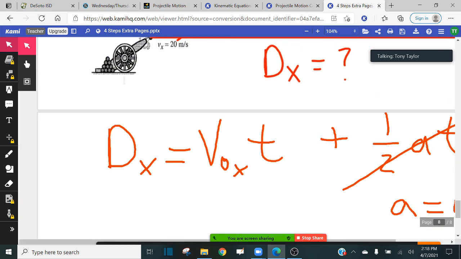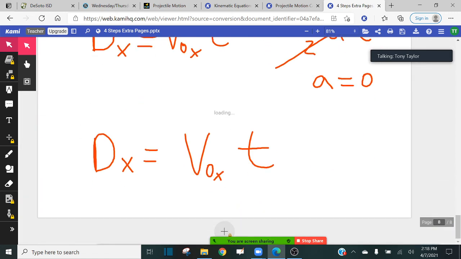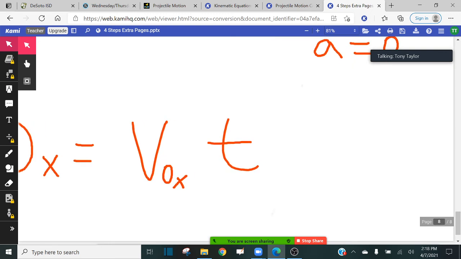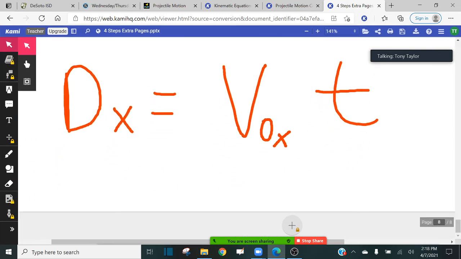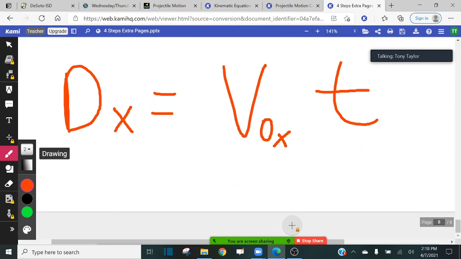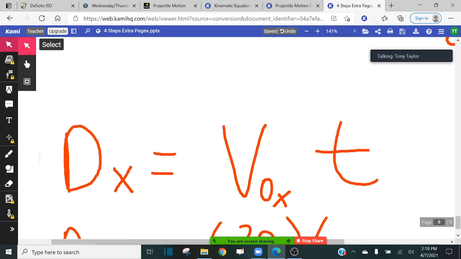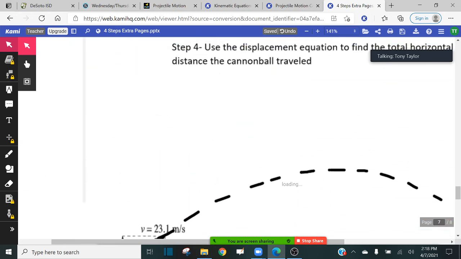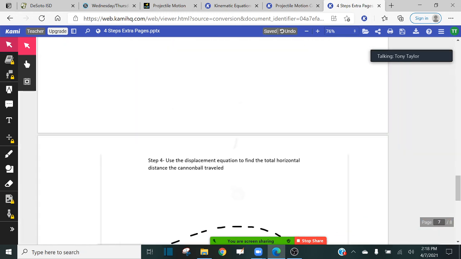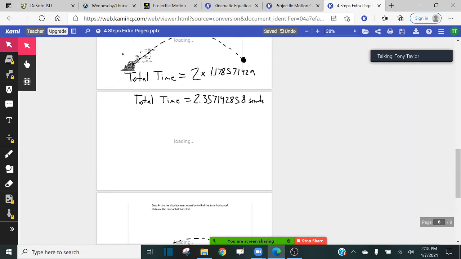So what I'm going to do is take 20 meters per second and plug it in here. So the initial velocity in the x direction is equal to 20 meters per second. And then what is my time? Well, we've already solved for the time up here. Remember the time? We said that the total time the ball was in the air was 2.357 seconds.